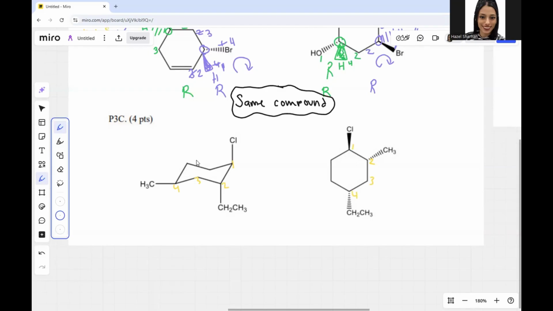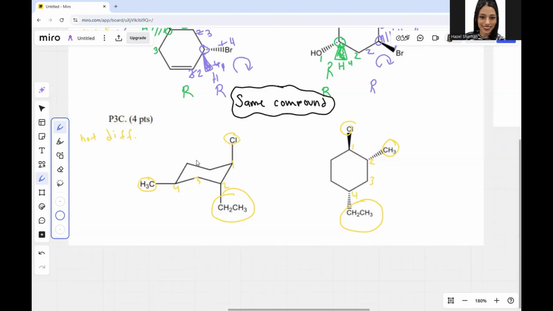So right off the bat, they're not different because they're made up of the same molecules. The same 3 here are the same 3 you're going to find here. And so I can write that they're not different, but I've noticed something, and I don't know if you've also caught it. Our number 1 on both of them are chlorine.